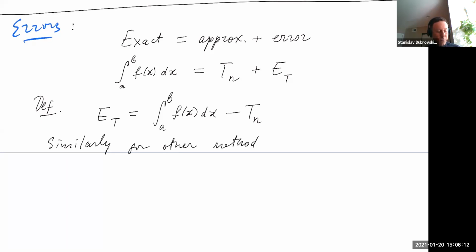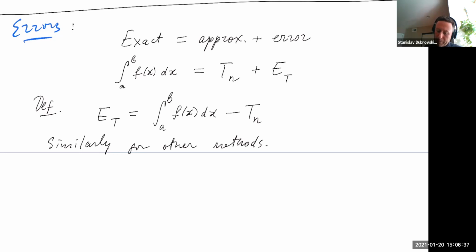We'll look at the errors of all the methods that we introduced so far, as well as Simpson's method, which we'll introduce in class, and see which one is more precise. So we'll see which errors are smaller. We'll even come up with some formulas to estimate those errors.